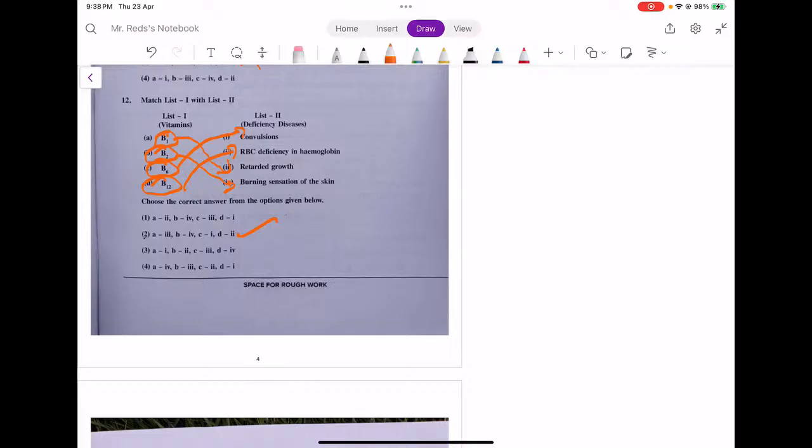Now, I gave the B12 deficiency disease, RBC and hemoglobin deficiency. So you have to know the chemical names also, students. B1 is thiamine, B2 is riboflavin, B6 is pyridoxine, B12 is cyanocobalamin. The option is 2. This question belongs to biomolecules, students.